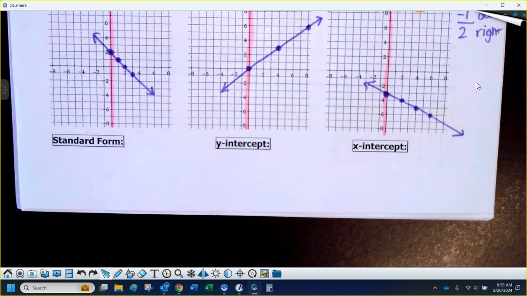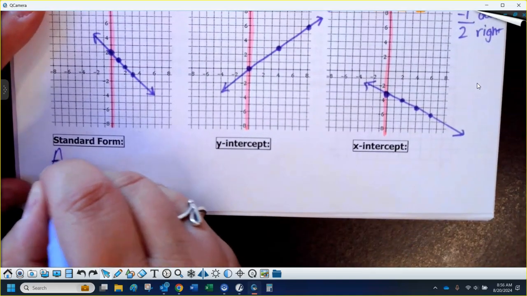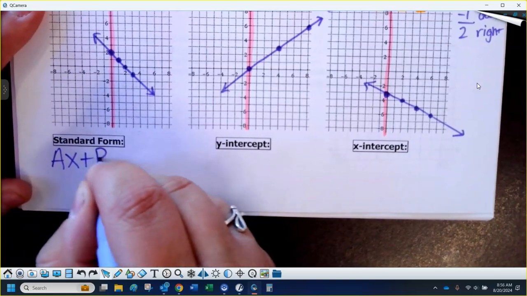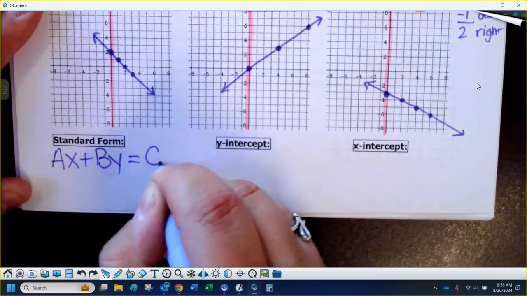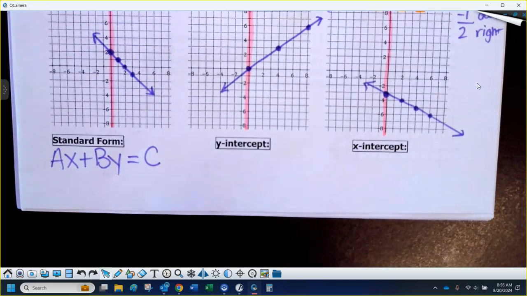Does anybody know standard form? It has an A, B, and C in it. Does that sound familiar? I'm very frightened right now. Okay, I'm going to write it and you see if you know this. Okay, looks like this. Ax plus By. Do you guys know that one? Okay, I was about to have a heart attack.